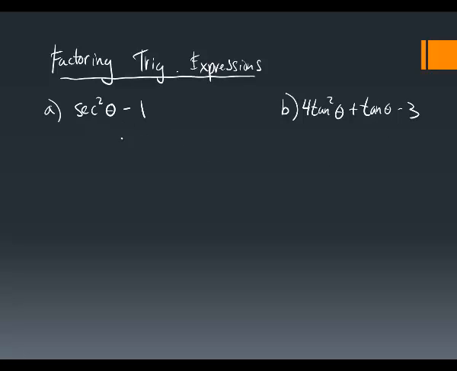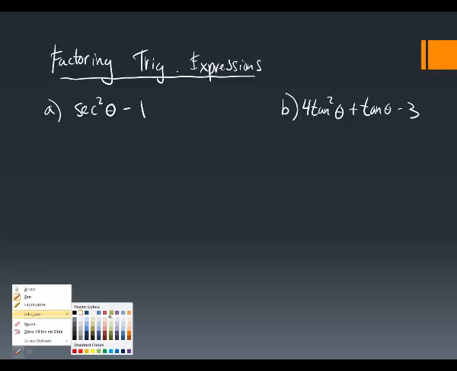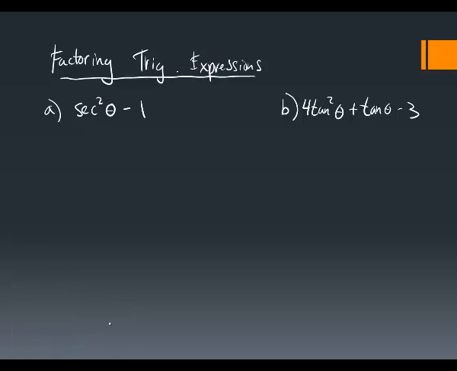Okay, so we can see this has similar properties to what we've seen in Algebra 1. Anyway, this is the same thing as secant theta squared minus 1 squared.